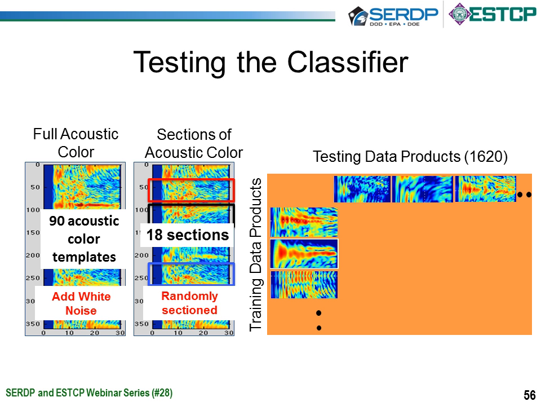Now, we need to test the classifier to ask ourselves how well this trained algorithm has done. To come up with a data set to test this, we took the same 90 acoustic color templates, but we added some noise, and we also downsampled in both frequency and angle space. So we degraded these acoustic color templates. Then we sectioned them off again into 18 sections, but this time randomly.